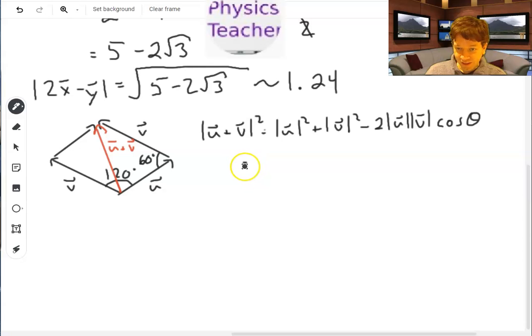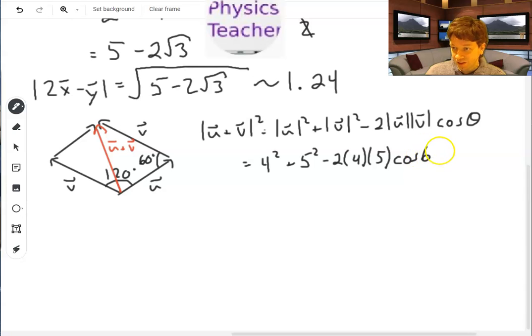So in our triangle, the question said magnitude of U is 4 and V was 5. So we have 4 squared plus 5 squared minus 2 times 4 times 5 times the cos of 60, which is 1/2. I'll just write cos 60 for now.